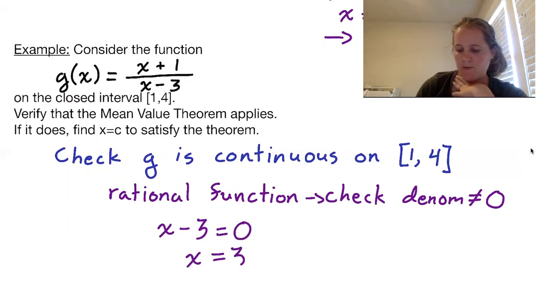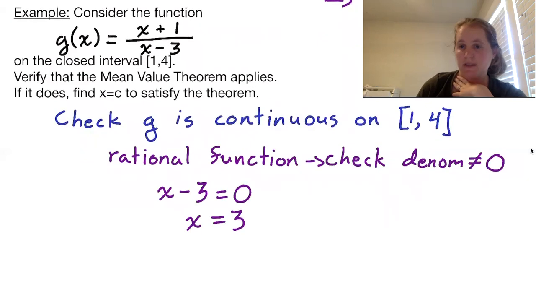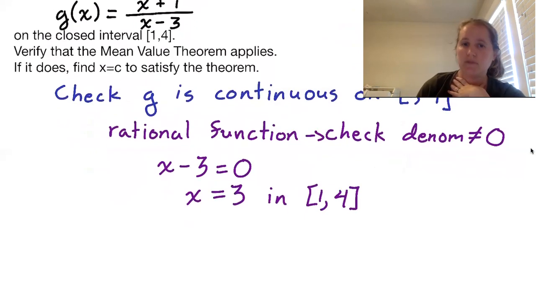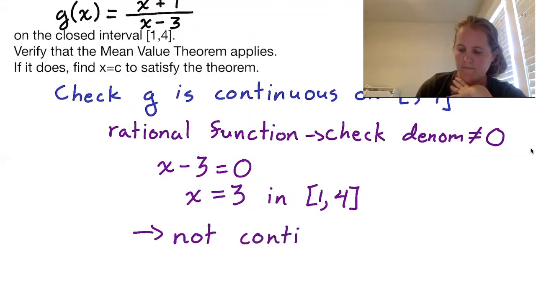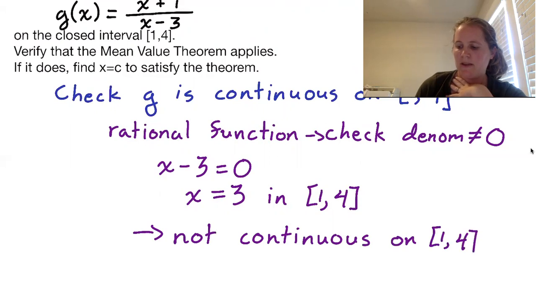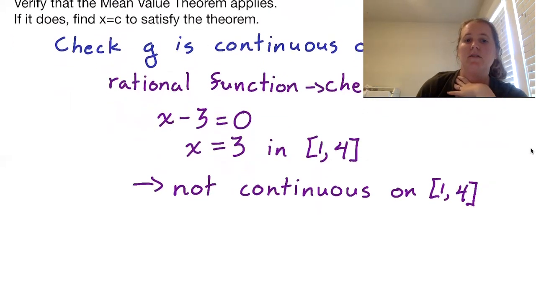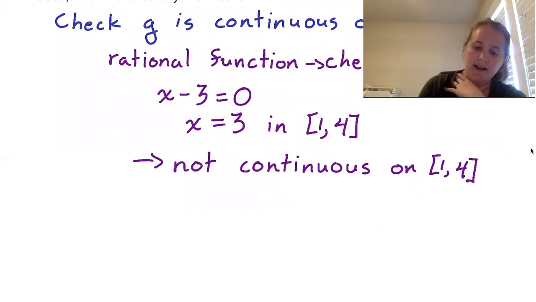Well, that happens when x equals 3, which is in [1, 4]. And so we have that it is not continuous on the interval. So it's not continuous on [1, 4], and that tells us that the mean value theorem does not apply.